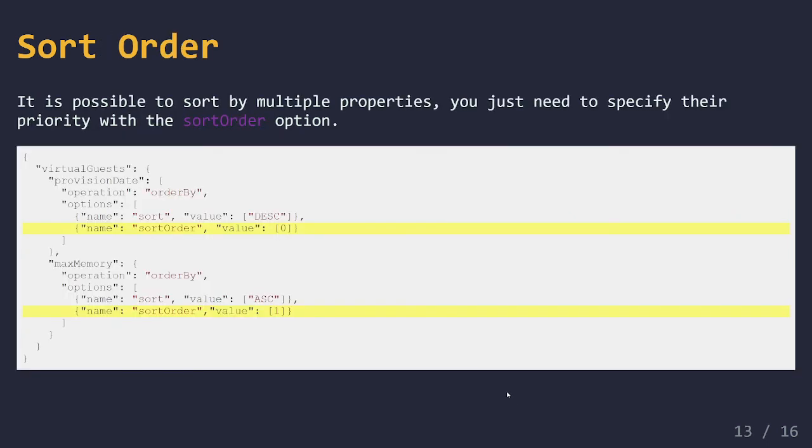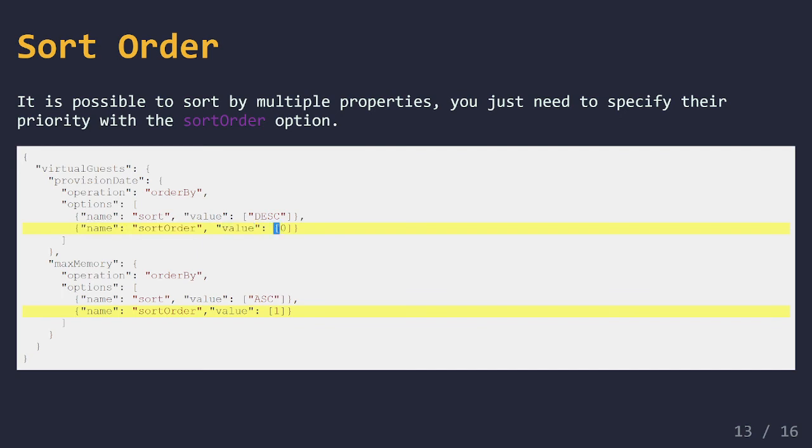It's also possible to sort by multiple properties. And for this, you're going to add the option called sort order to your object filter. Generally, you don't need to do this, but it's something to keep in mind. So for example, here, we're going to provision by virtual guests. We're going to sort by provision date. So operation order by. Options, we have two options here. The first one is going to say descending. The second one is going to call sort order.